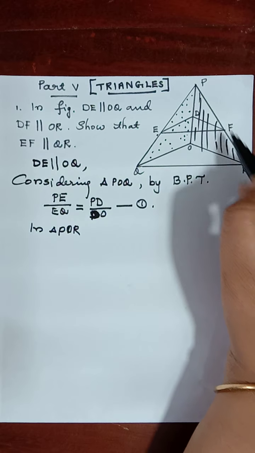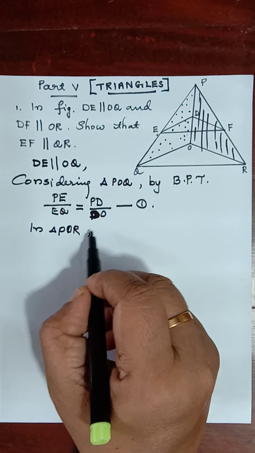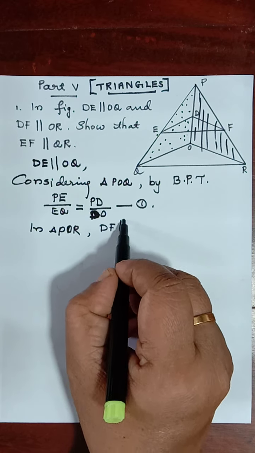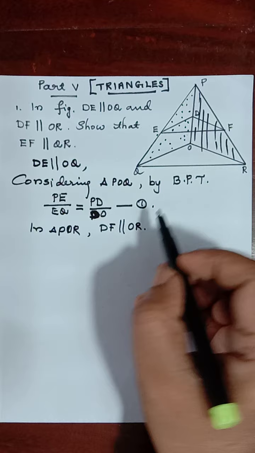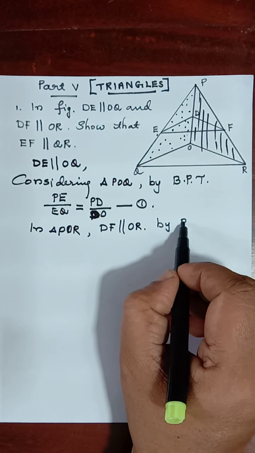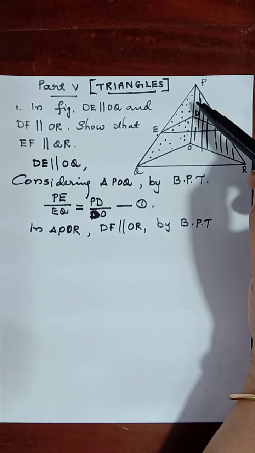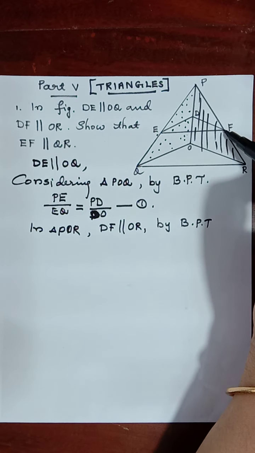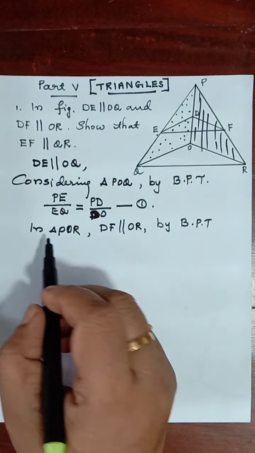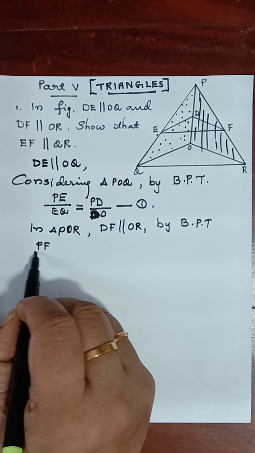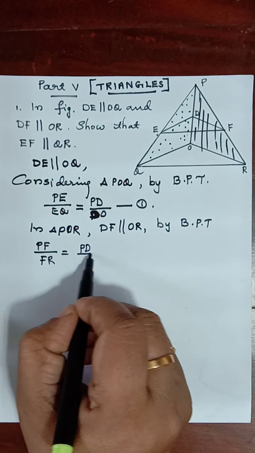In triangle POR, given that DF is parallel to OR, by the basic proportionality theorem, PF by FR is equal to PD by DO. Let us mark it as equation number 2.